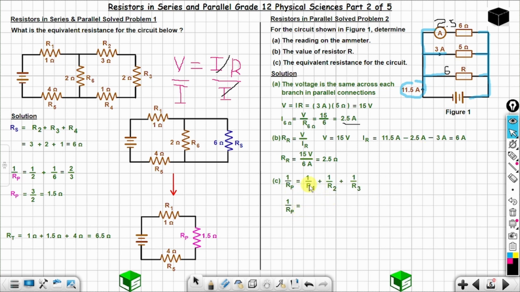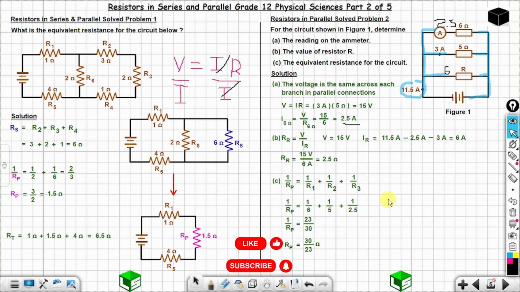This is equal to 1 over 6 plus 1 over 5 plus 1 over 2.5. 1 over RP is equal to, using your calculator, 23 over 30. You need RP, not 1 over RP. So you are going to flip. RP is equal to 30 over 23 ohms.